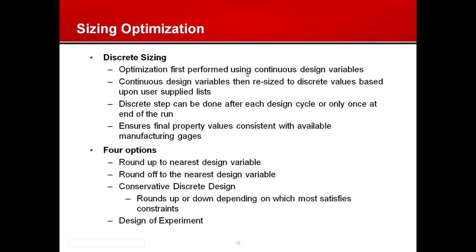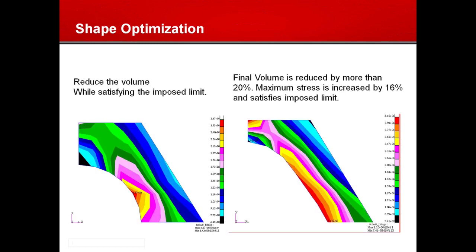So after the continuous optimization or mathematical programming approach is completed, Nastran would run the optimization using these discrete values and make sure that your constraint was satisfied. If not, it will report it as such and give you the final results. So the discrete sizing is supported in Nastran.